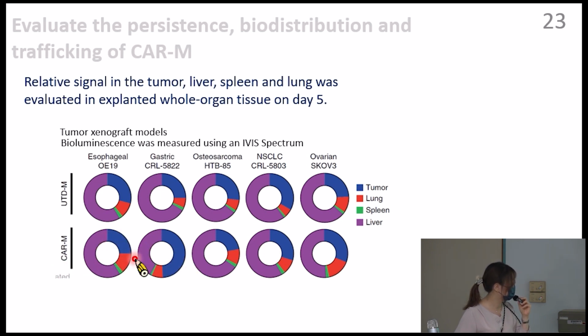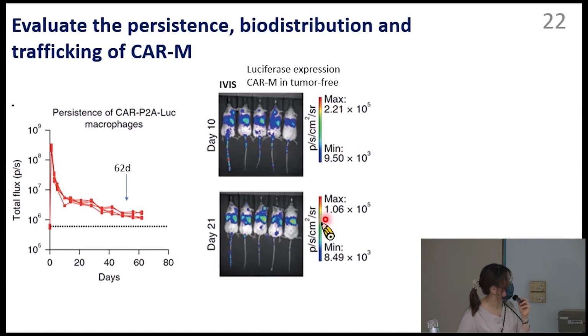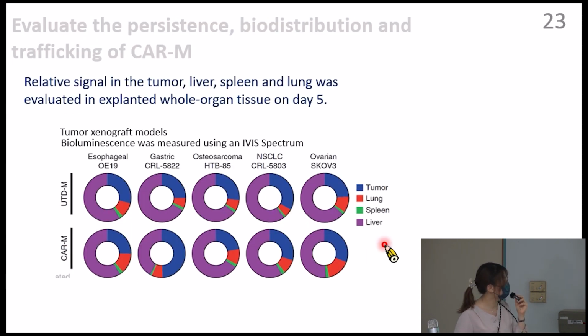Many CAR macrophage can go to tumor in different kinds of tumor cell. And some of these macrophage go to liver, like the previous picture showed. And some of the macrophage will go to like spleen or lung.